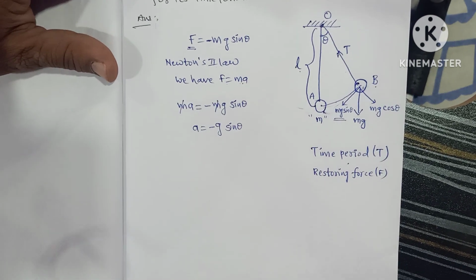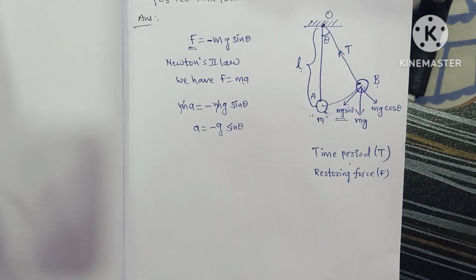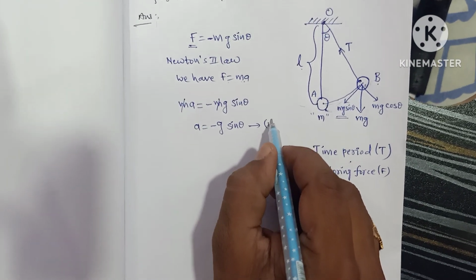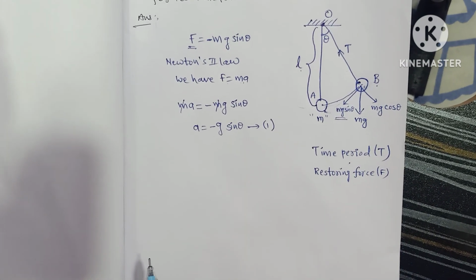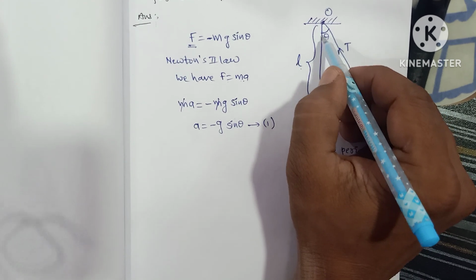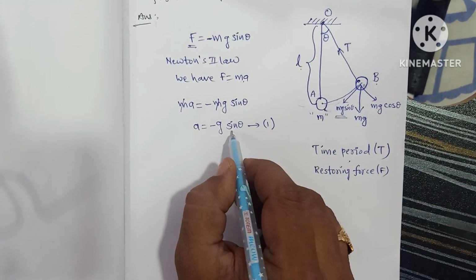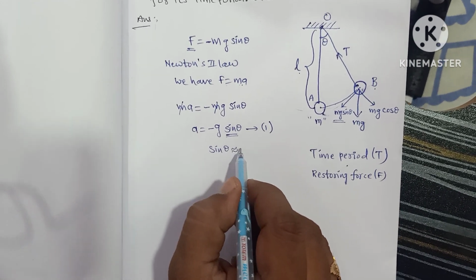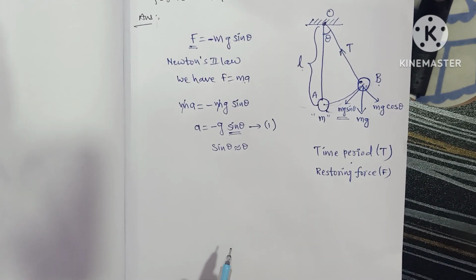After m gets cancelled, we have a is equal to minus g sin theta. Let us call this equation number 1. If this theta is very very small, then sin theta can be taken as approximately equal to theta.